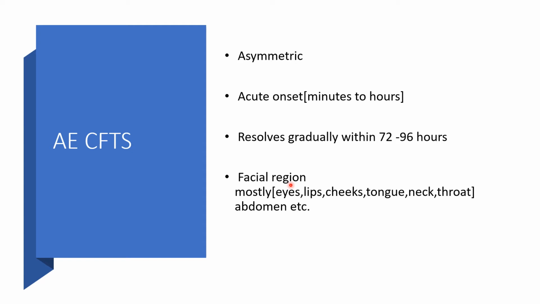It's going to have a predilection to the facial region, mostly the eyes, the eyelids, the lips, the cheeks, the tongue, the neck, affecting the laryngeal region, the throat, the abdomen, and it can affect any part of the body anyway, but more the head and neck region, and of course the abdomen.